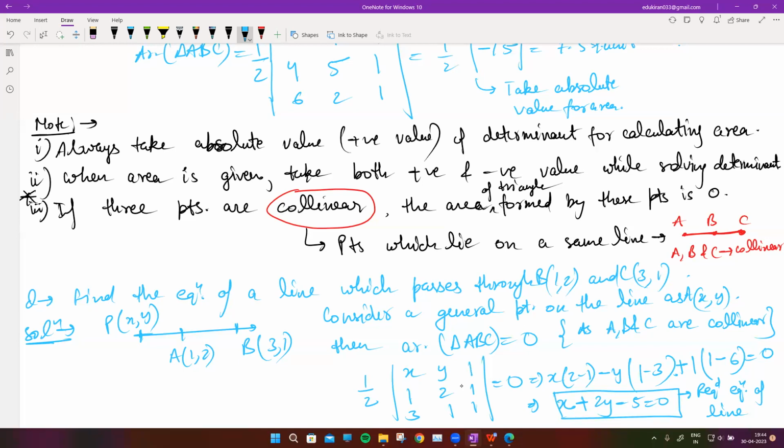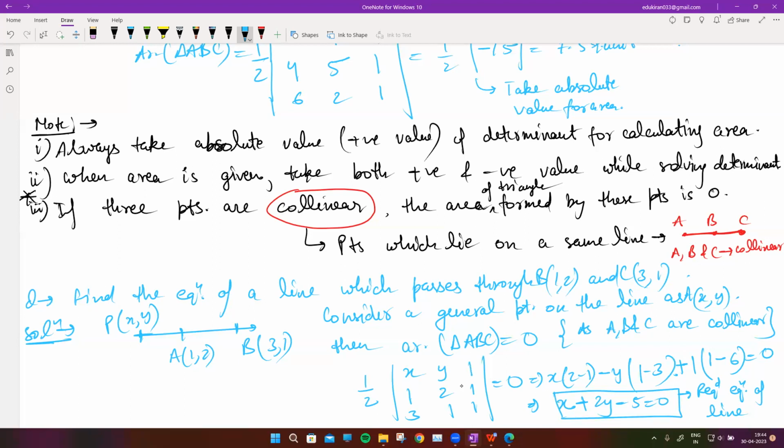So if we focus on this particular topic, area of triangle, we may be asked to find out the area of a triangle whose 3 vertices are given. Or we may be asked to show that these points are collinear, both of which are pretty easy questions.